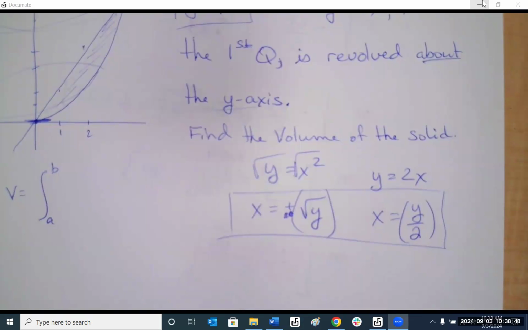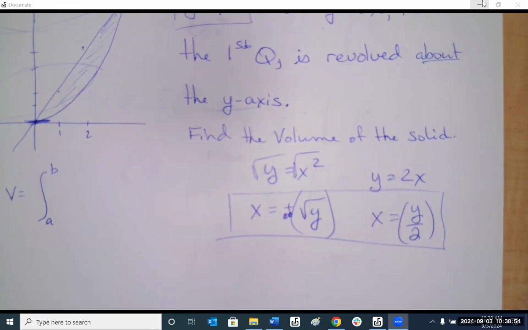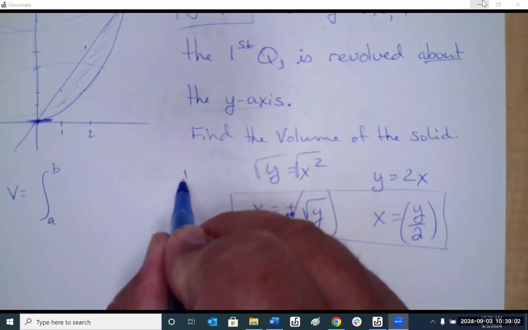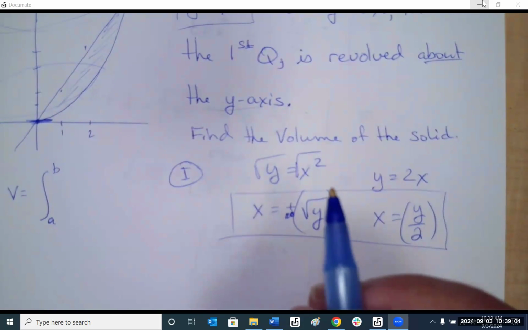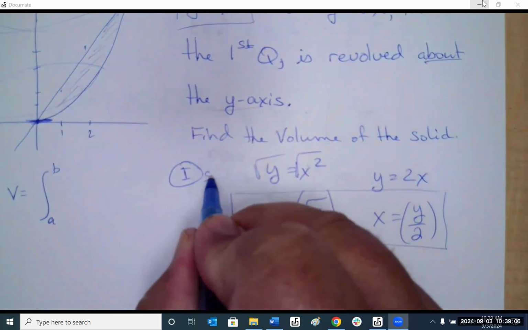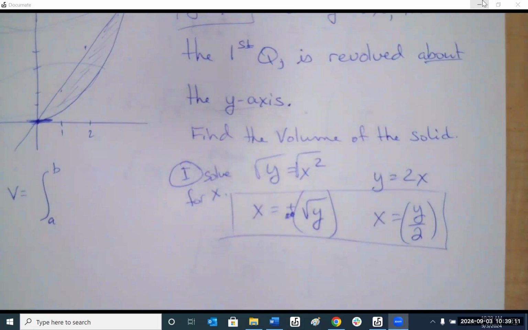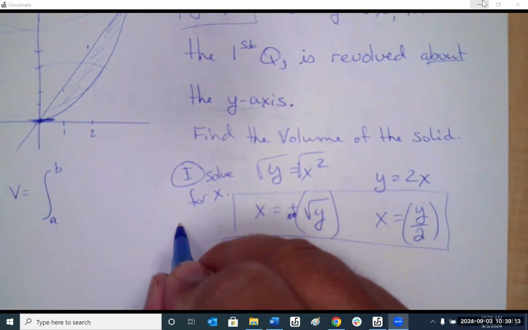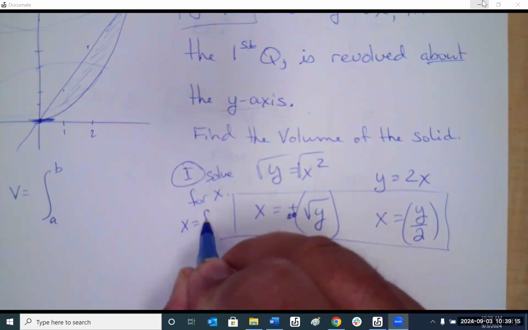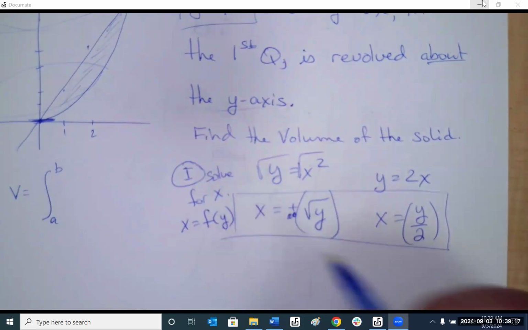What do we do with both of these equations? So this is our first step: solve for x, because we want x to be a function of y.